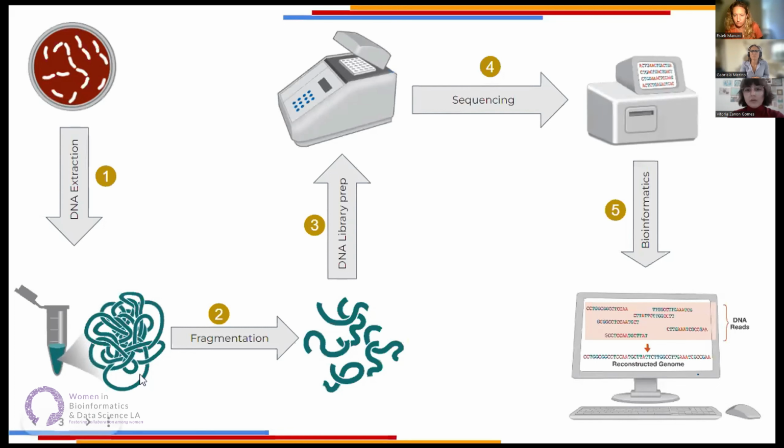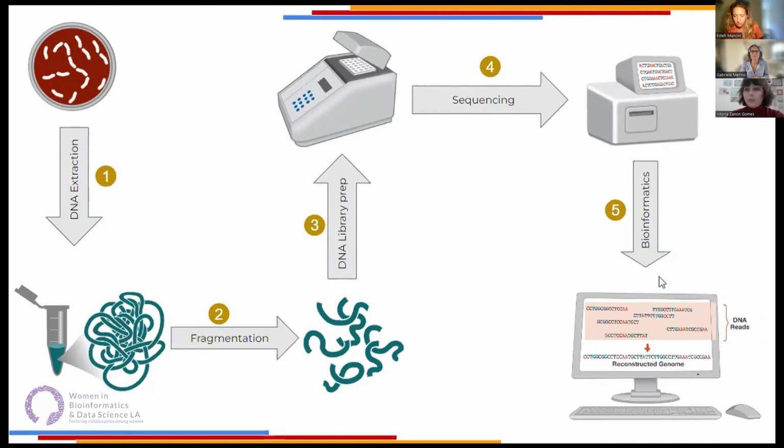After that, the DNA must be fragmented. And in the third step, we start the DNA library preparation. And in the fourth step, we do the sequencing itself using next generation sequencing tools and methods.